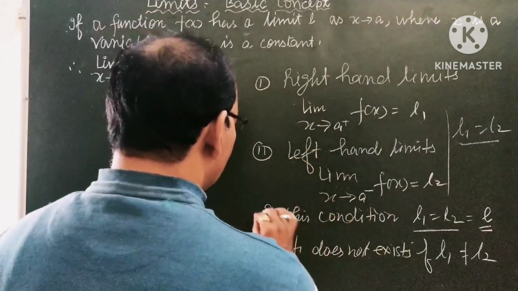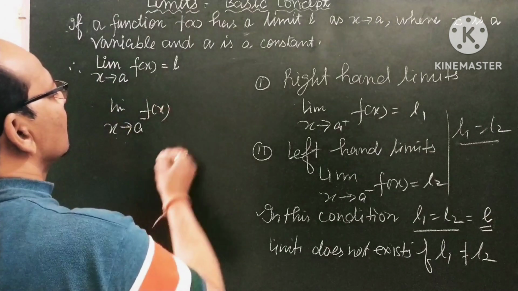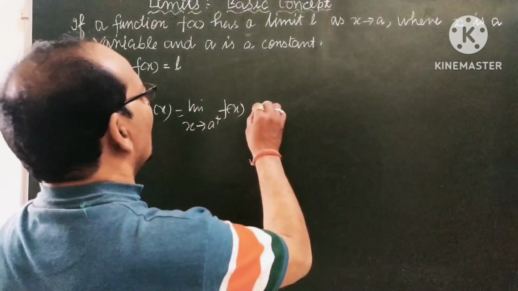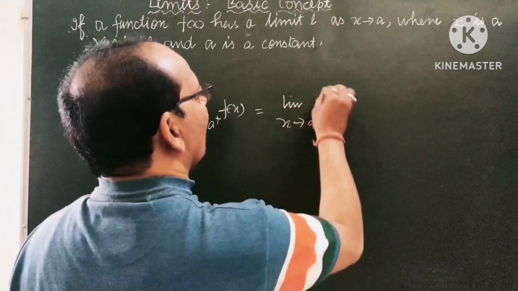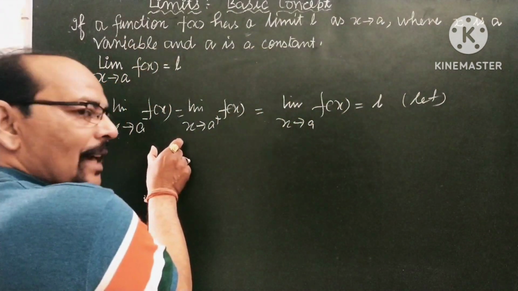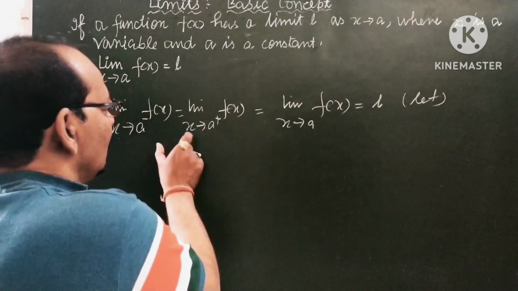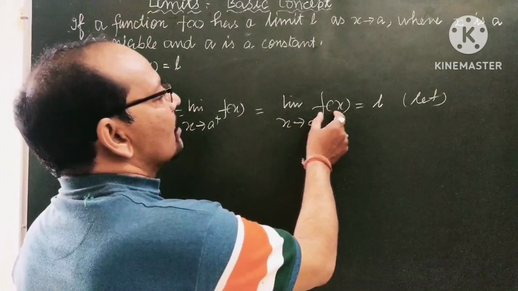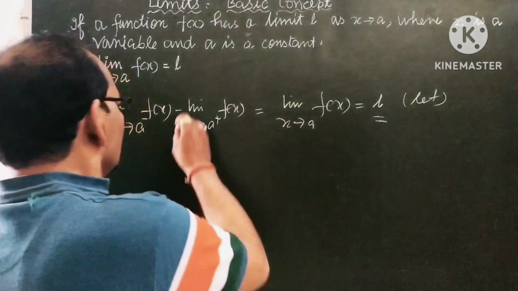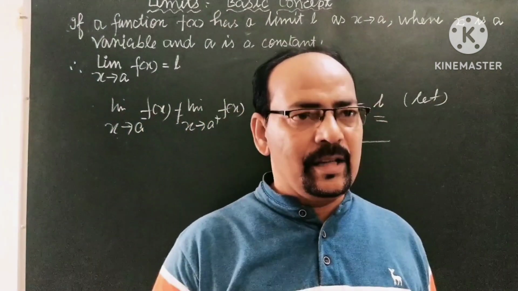If the limit exists, we can write limit x tends to a minus of f(x) is equal to limit x tends to a plus of f(x) is equal to limit x tends to a of f(x) equal to, let it be, L. It means the left hand limit of f(x) and right hand limit of f(x) are both equal, therefore the real limit of f(x) will be L. And if they are not equal, we cannot find the limit and we say that the limit does not exist.